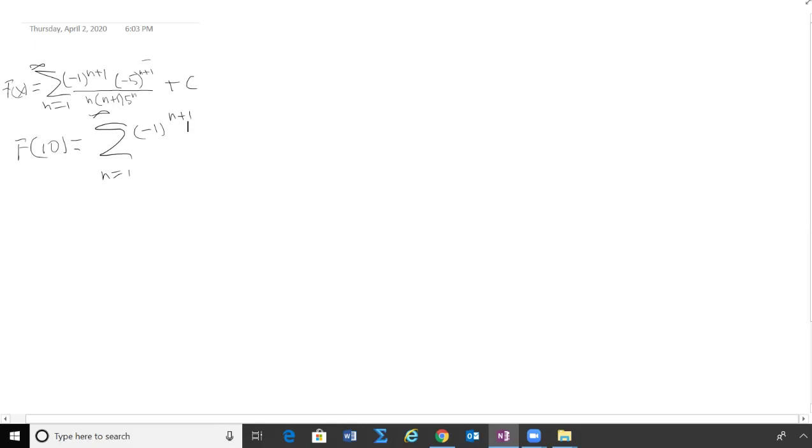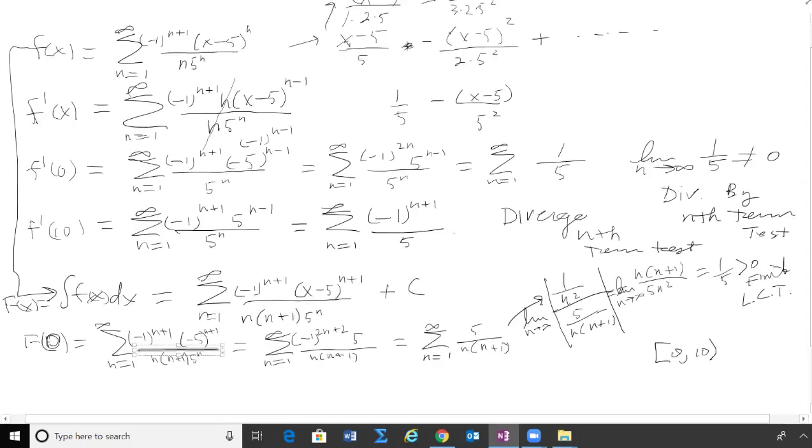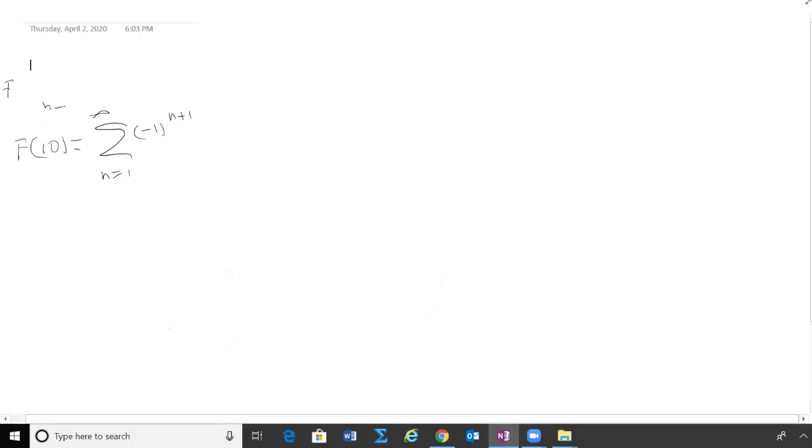Let me fix that. I was using the portion that was already evaluated at 0. So I'm going to take this and put it in over here. So this is the function that we're working with here.